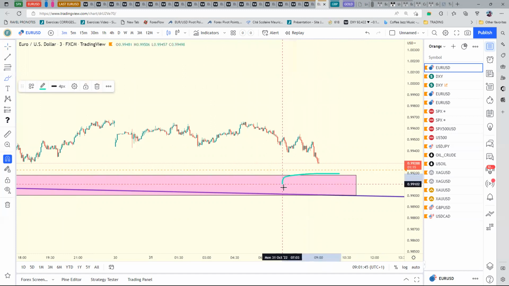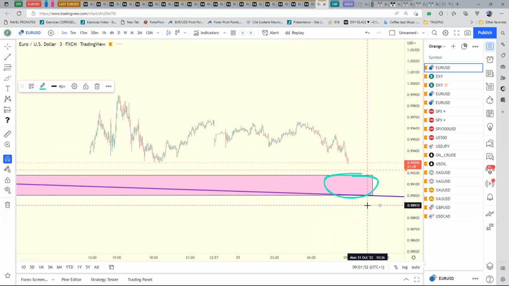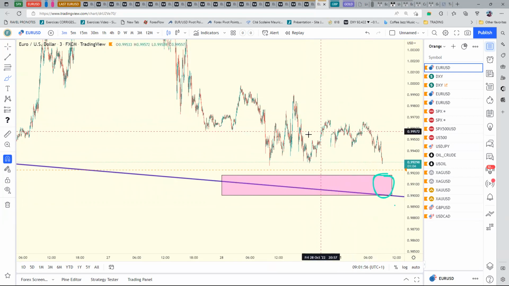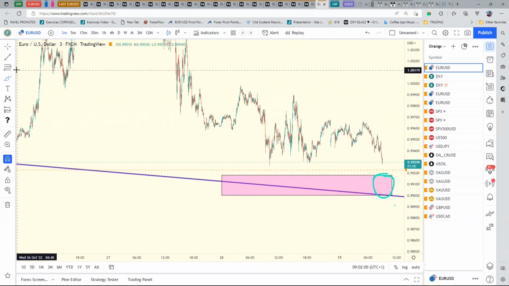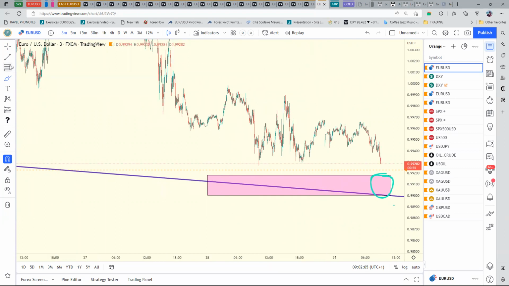Between here and there, this trend line that I showed already, it's a very, very good place to get long, in my opinion. We have had this accumulation between Friday and today, so it's a big accumulation area.